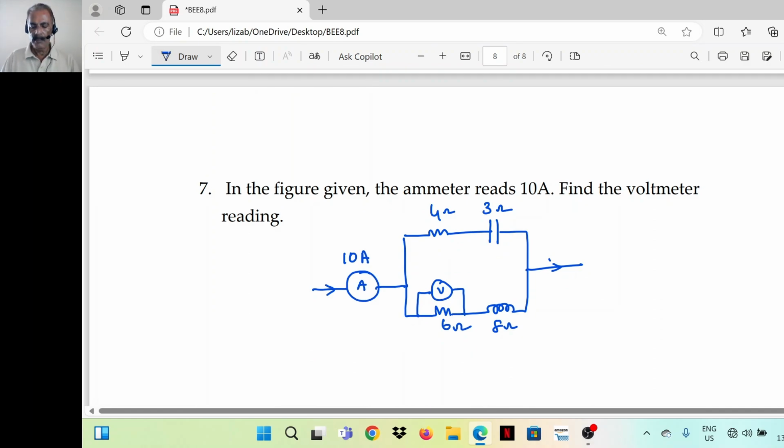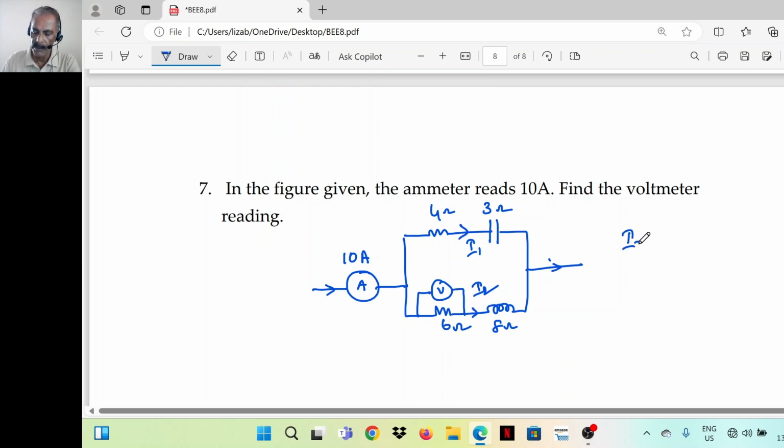Now, in the figure given, the ammeter reads 10 ampere. Find the voltmeter reading. Let this current be I1, let this current be I2. The voltmeter reading can be found by multiplying the magnitude of I2 with 6. I2 into 6 will give the voltmeter reading.